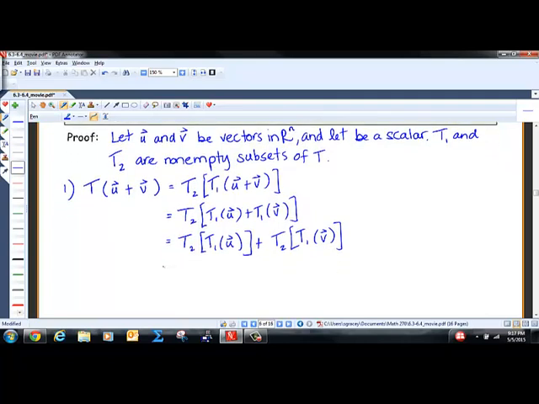Good, that's just going to be capital T at u plus capital T at v, which shows it's closed under vector addition.